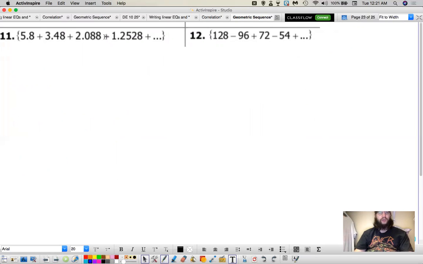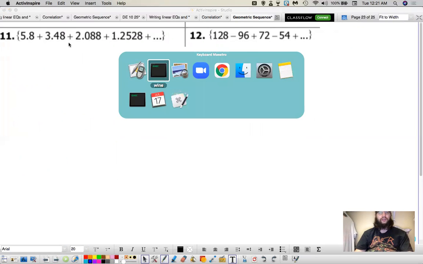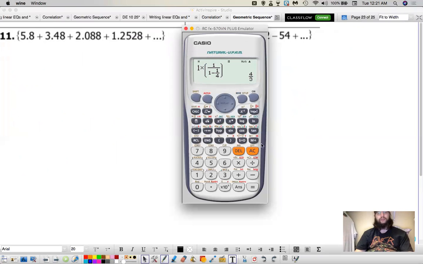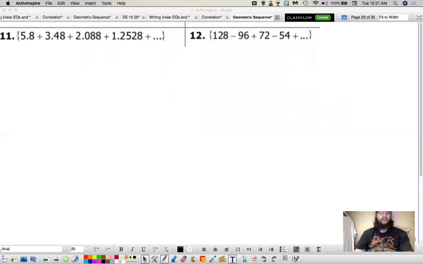It looks like we're getting smaller, so it should converge. Let's see what we're multiplying by. 3.48 divided by 5.8 gives us 3/5. But let's say these are geometric.